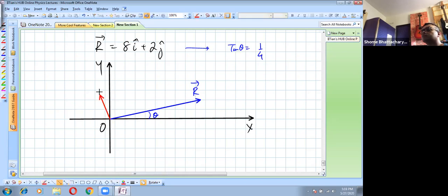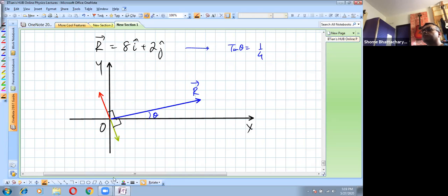One will be like this, the other will be like this. So this angle is 90 degrees.